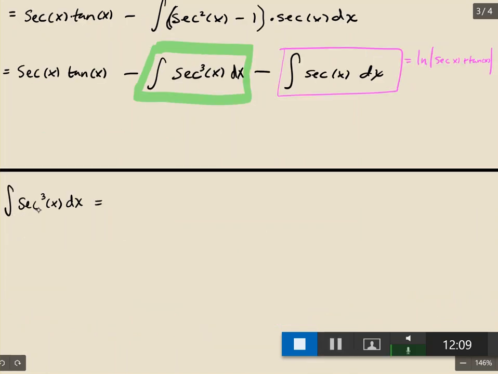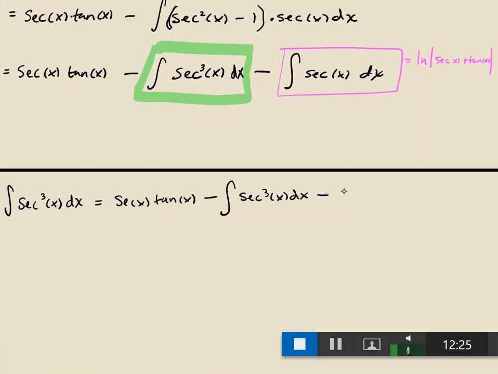We started with the integral of secant cubed of x dx, and we found that it was equal to secant of x tangent of x minus the integral of secant cubed of x dx minus this integral, which just becomes the natural log of the absolute value of secant of x plus tangent of x because it's one of our known integrals.